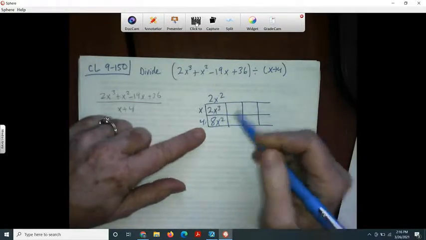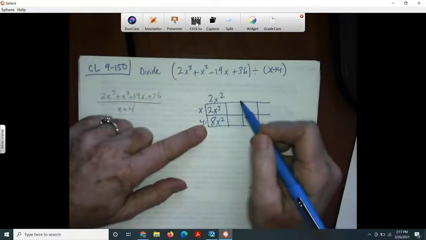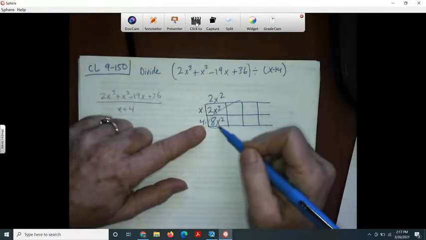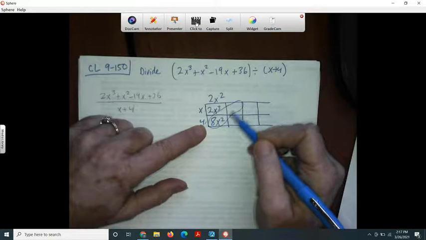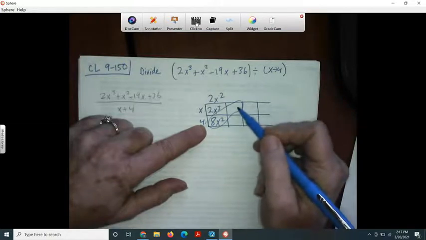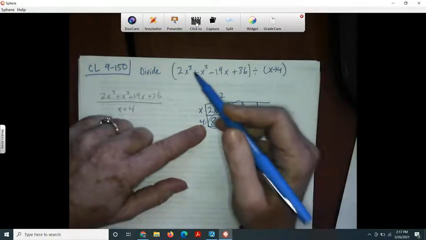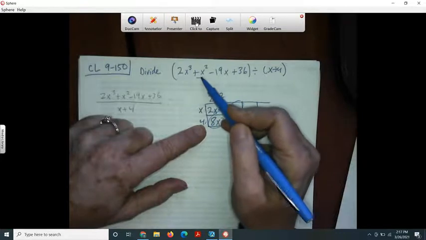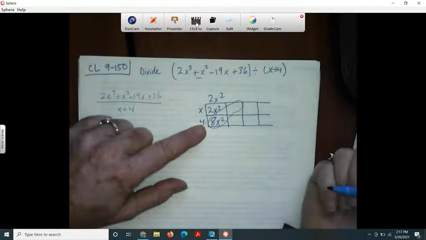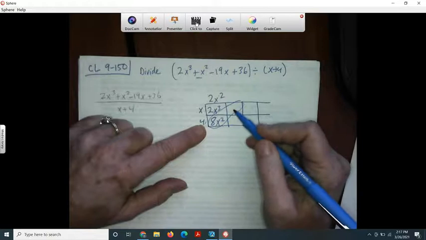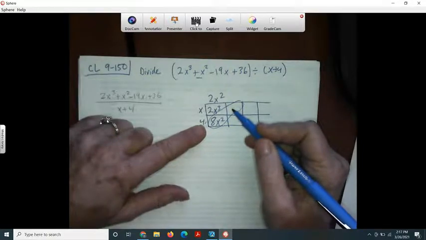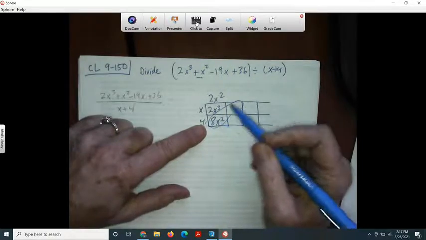This one plus this one are going to be the x squared terms, and they have to add up to the coefficient of this x squared here. So this is going to have to be negative 7x squared, because that's the only thing I can add to this and get 1.